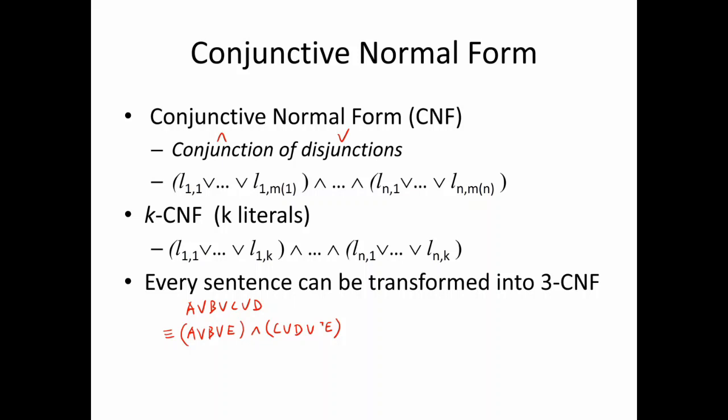Same thing for the second sentence. In order for the second sentence to be true, at least one of A, B, C, D has to be true. And in all other cases, both sentences are false. So they are exactly the same.